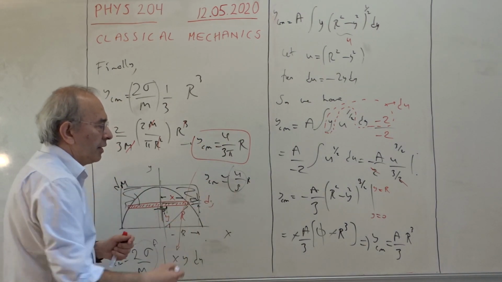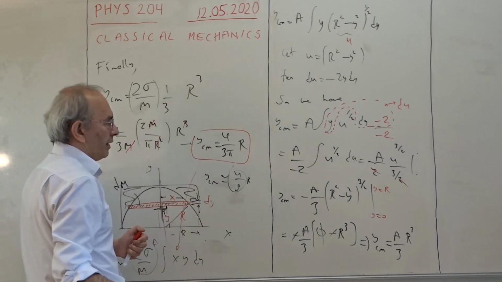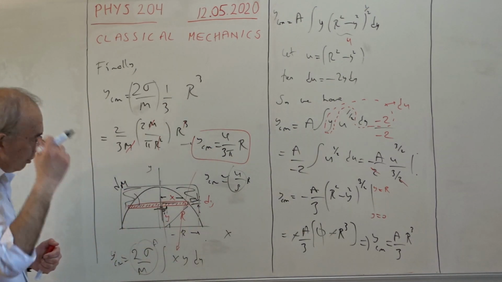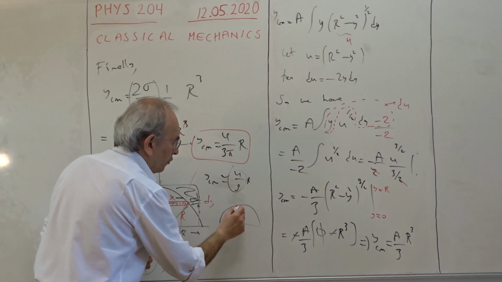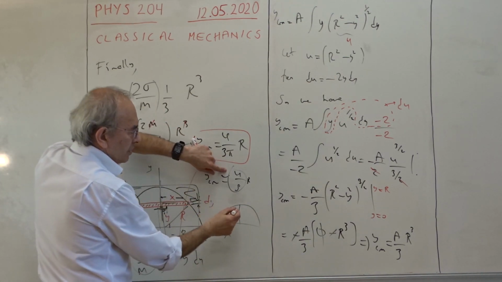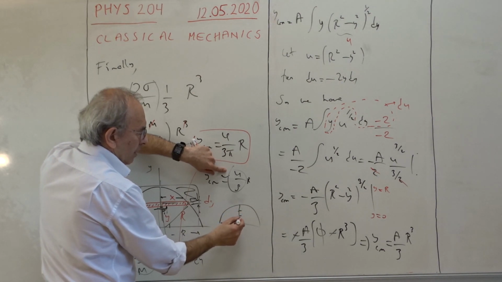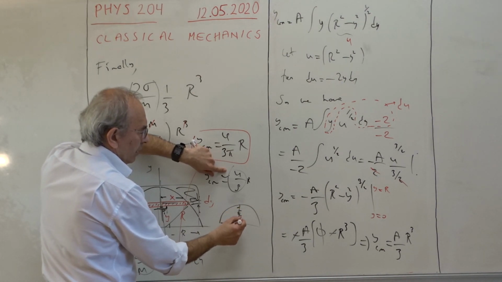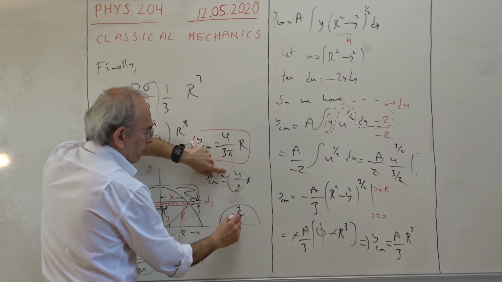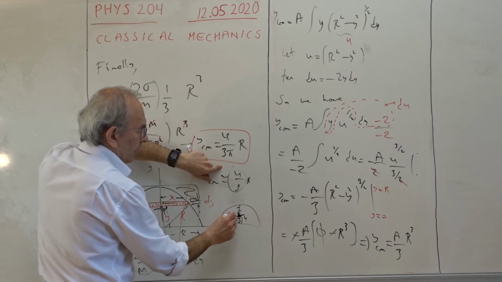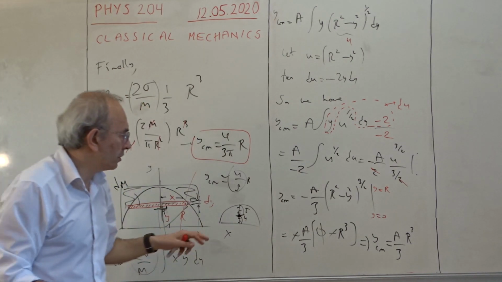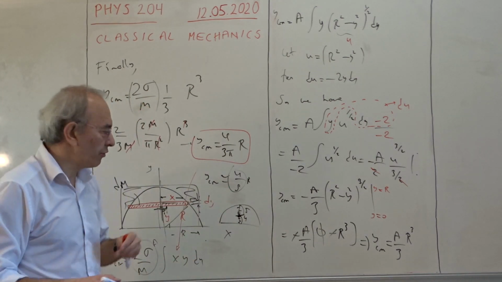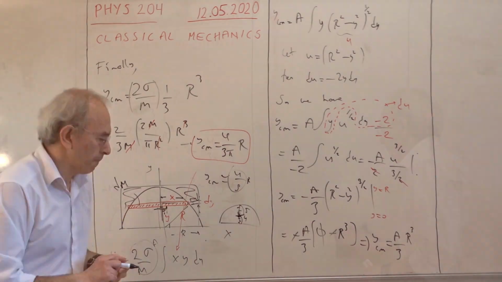So it is indeed less than 1/2, 4 over 3 pi, along this value. So for example, if you divide it by 9 pieces, then 4 parts are here and 5 parts are there approximately. Very approximately, if you take pi as 3. So this is the expected result.